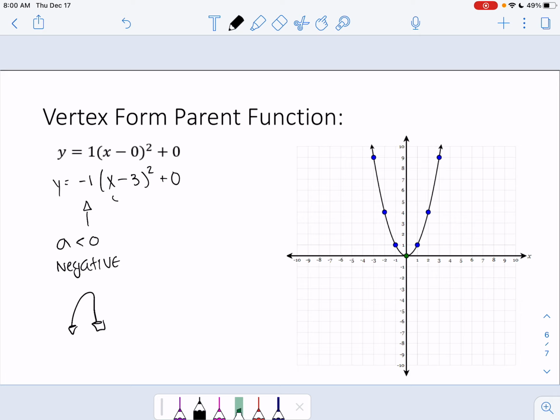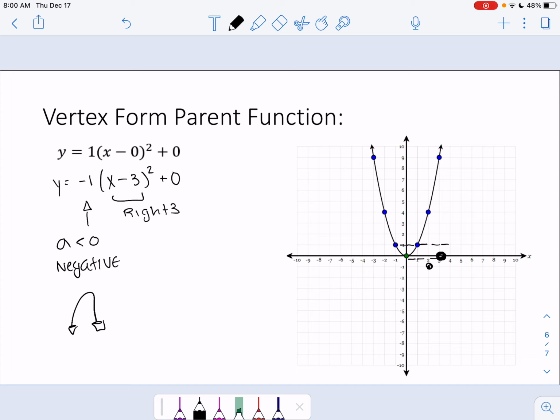And this x minus 3 tells me I'm going right 3. So I'm going to shift all the points to the right 3. 1, 2, 3. And then I'm going to shift these two to the right 3. 1, 2, 3. And then flip it.